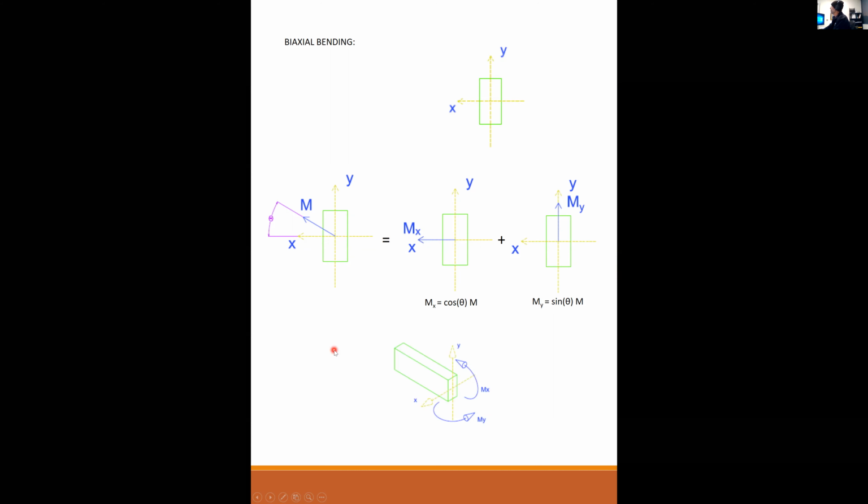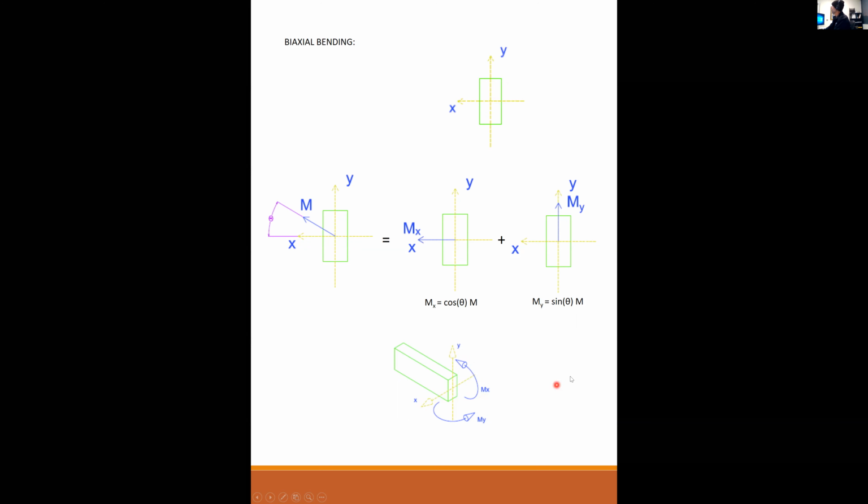Here's an isometric view of what this is showing you. This is looking at the board on the very end. If you use your thumb in the right-hand rule, put your thumb in the positive x direction, which is to the left, and curl your fingers, and your Mx looks just like that. The x designates that the moment is about the x-axis.